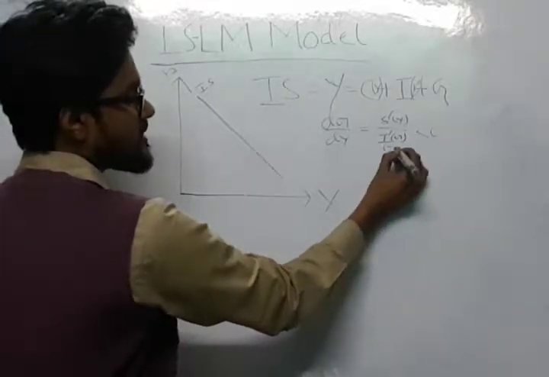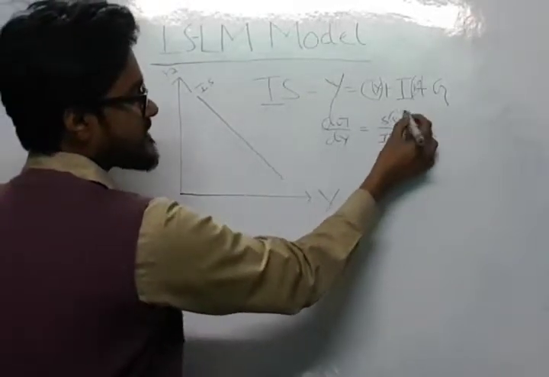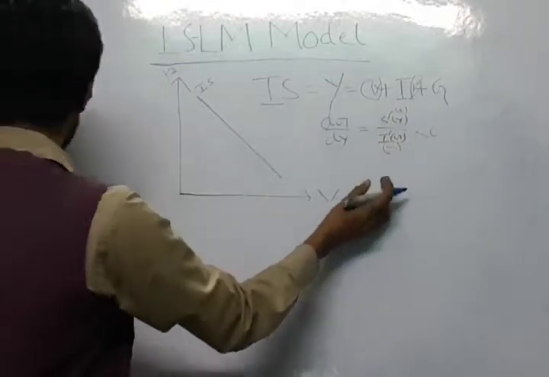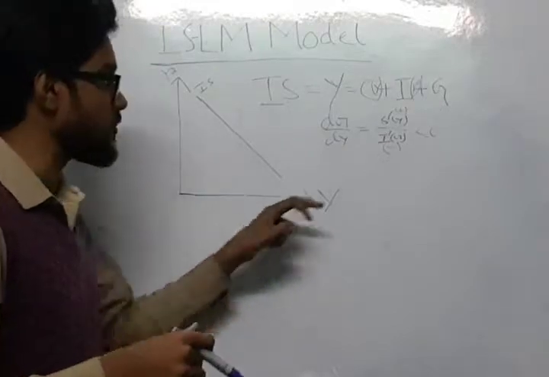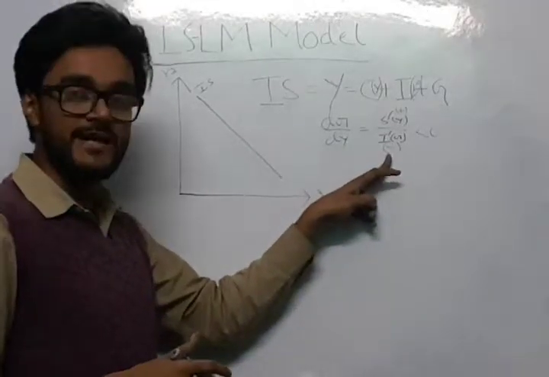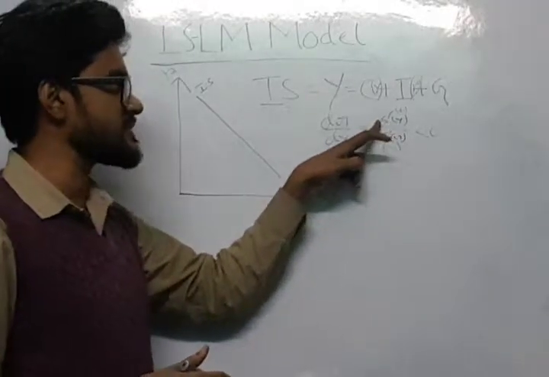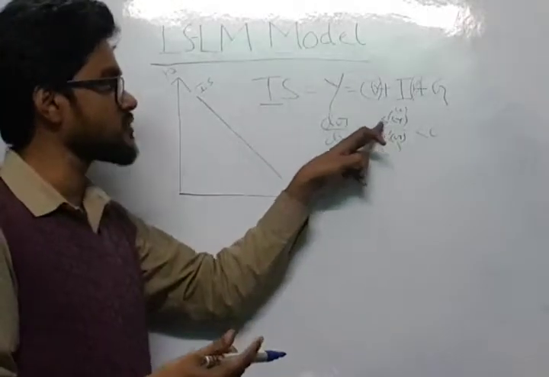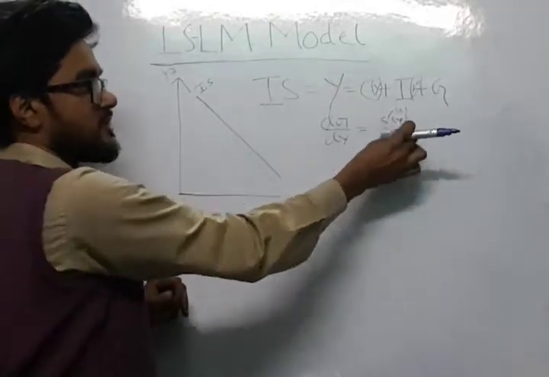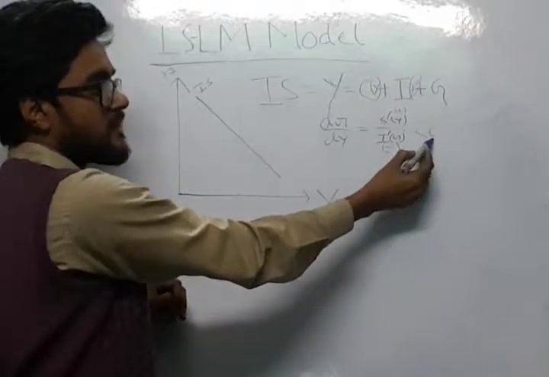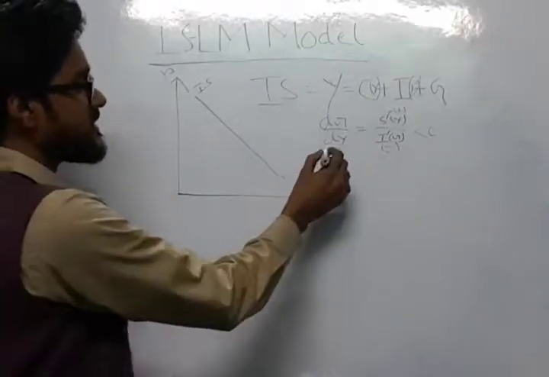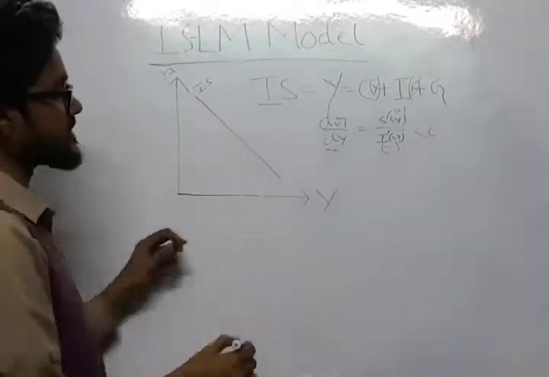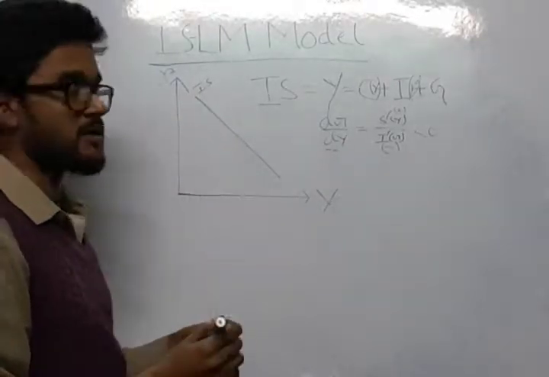The denominator term is negative and the numerator is positive. As I have already talked about this, when interest rate increases, the investment falls, so the denominator becomes negative, and when income increases, the saving is likely to increase, so the numerator becomes positive. So the entire term becomes less than 0. This is the reason why the IS curve is a negatively sloped curve.